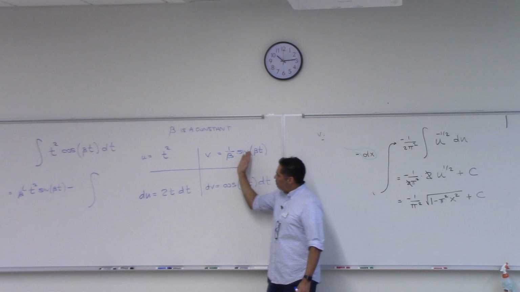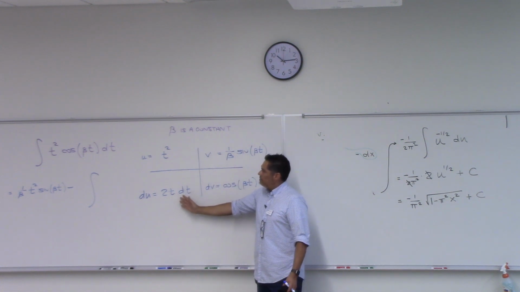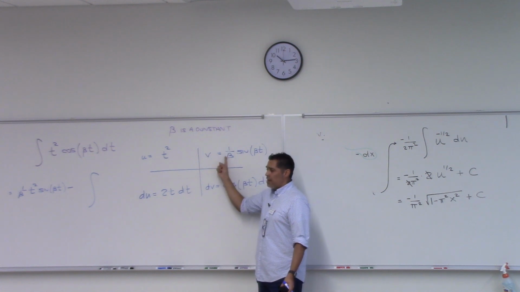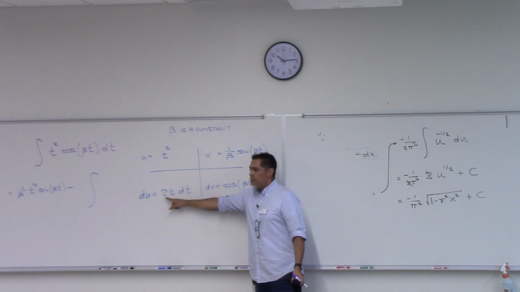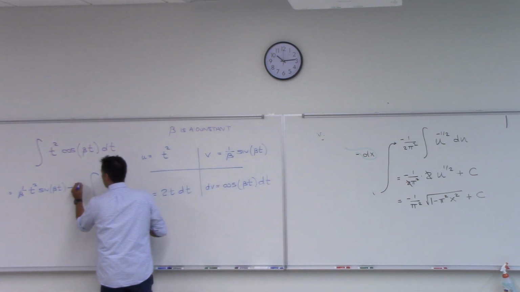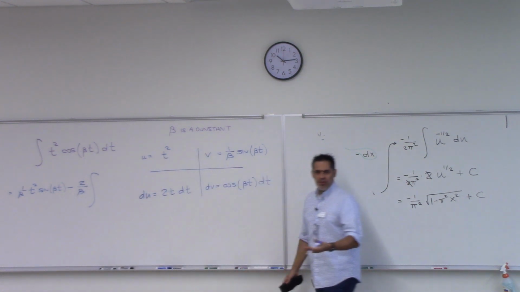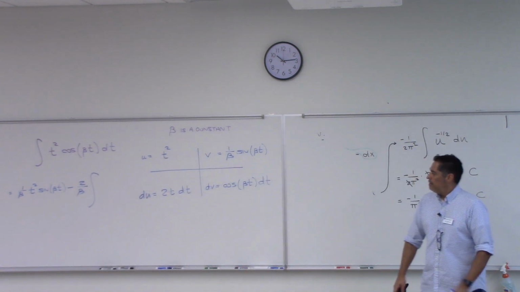All right, when I multiply these two together, what is a constant that I could pull out? 1 over beta is a constant, and 2. I could pull both of those out of the integral, so I'm going to put it out here as 2 over beta. Instead of 1 over beta times 2, I'm just going to put 2 over beta.